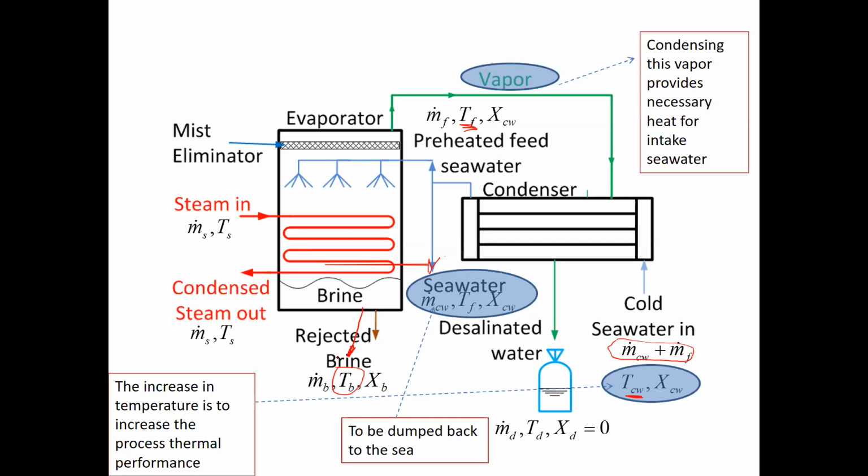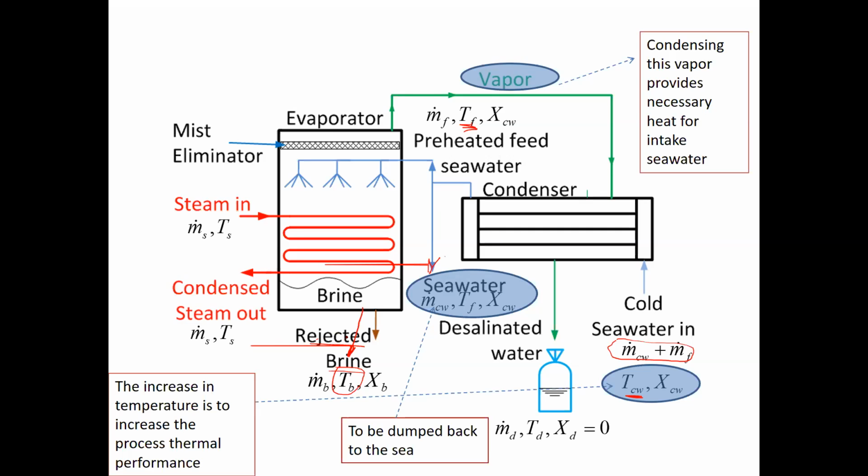And as a matter of fact, this is why this system has a low performance ratio or low GOR, gain output ratio, because you are throwing two streams of energy to the surroundings. One of them is the seawater that has been increased to the feed temperature.